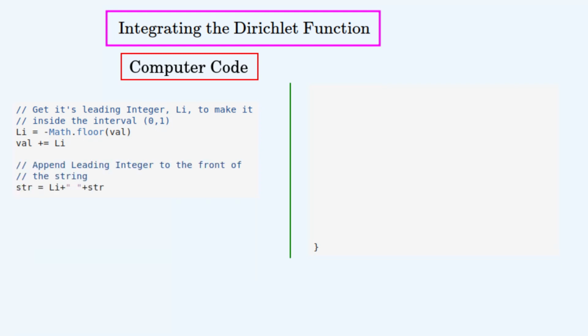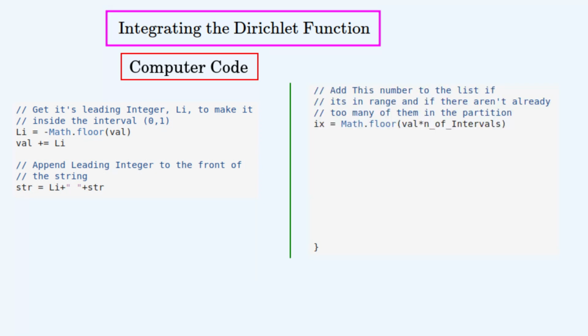We'll also append this leading integer onto the front of the string. This number ix is the interval that this irrational number lies in, and is calculated in exactly the same way as for rational numbers, by multiplying this number, which is between 0 and 1, by the number of intervals, which is 19 in this case.